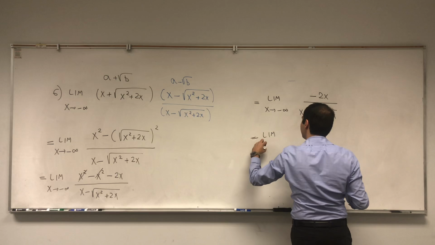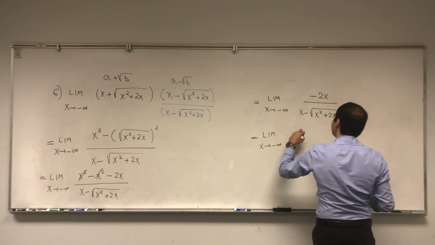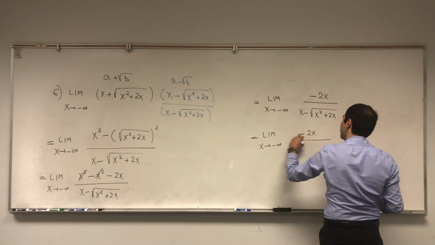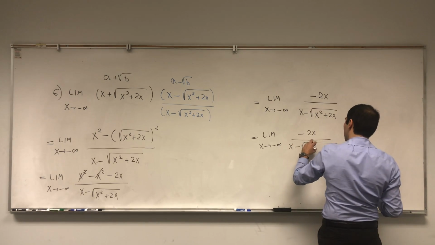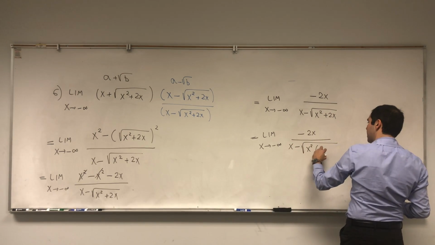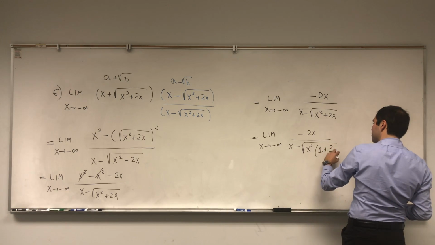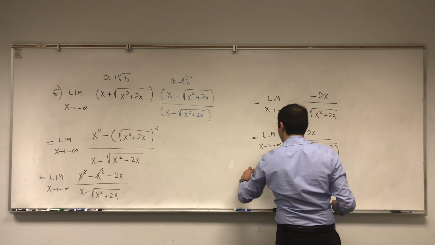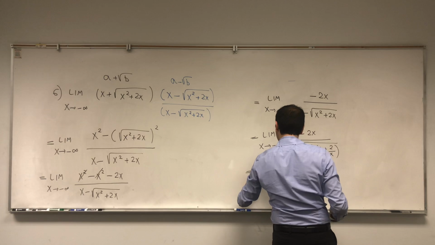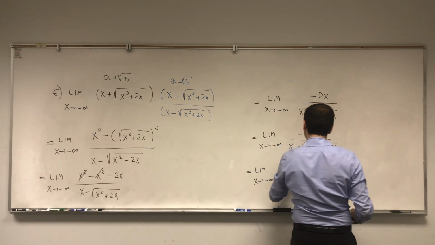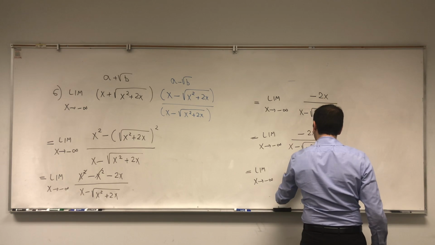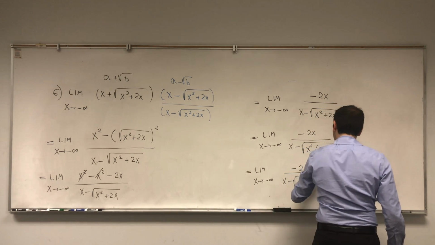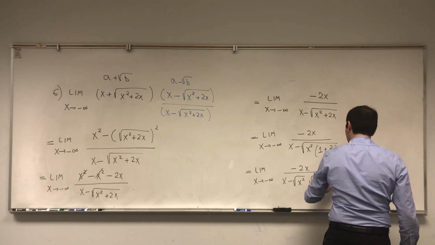And what this becomes, limit as x goes to minus infinity of minus 2x over x minus square root of x squared times 1 plus 2 over x. And that's limit as x goes to minus infinity of minus 2x over x minus square root of x squared, square root of 1 plus 2 over x.